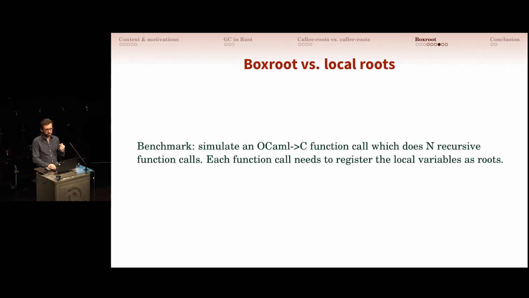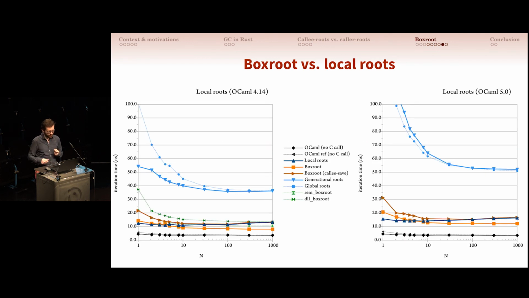For local roots, we tested recursive C calls. At every step, we have to root something on the stack. And here we have various implementations. The baseline at the bottom, the black line, is not going into C at all. It's purely OCaml code. And then we see the overhead of the C call plus the rooting mechanism.